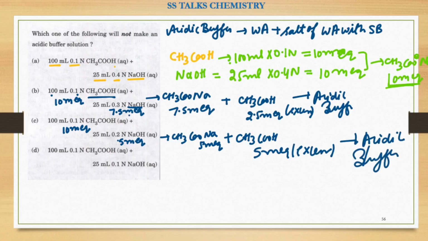Next one, if you see, again here we have 10 milliequivalents, and here you have 2.5 milliequivalents, which means the sodium acetate is formed.